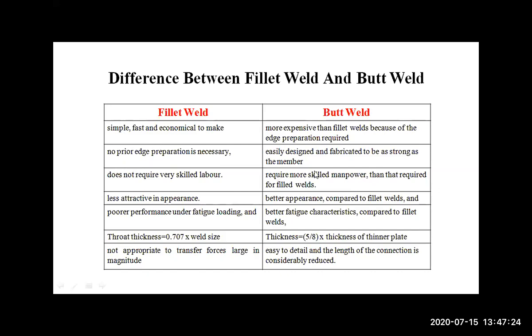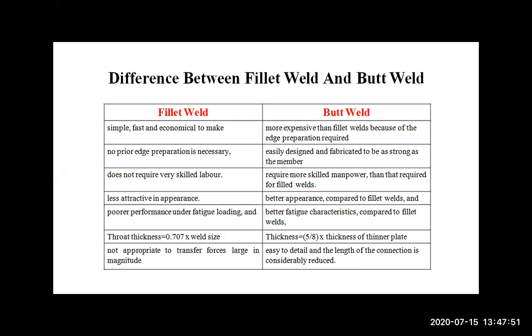Then the butt weld is easily designed and fabricated to be as strong as the member. It means we have to give the shape to the plates as a V, as a U, and if we provide the shapes, then we have to fill these gaps by welding.